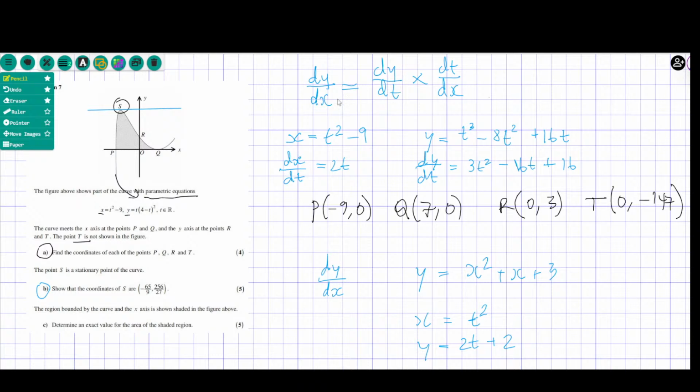So technically this is an equivalent thing. Thankfully we do have dy by dt. We don't have dt by dx, but we have dx by dt. It's like the inverse, the reciprocal. So we've got 3t squared subtract 16t plus 16 multiplied by 1 over the result that we have over there.